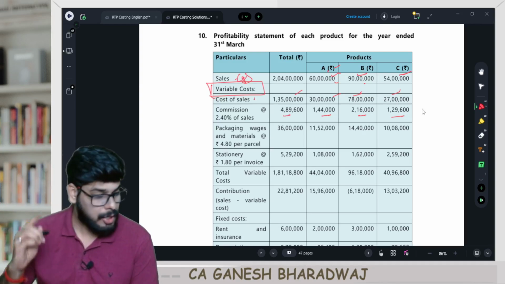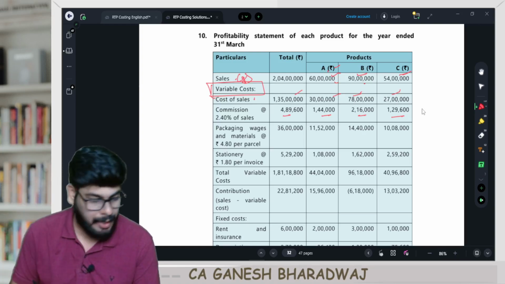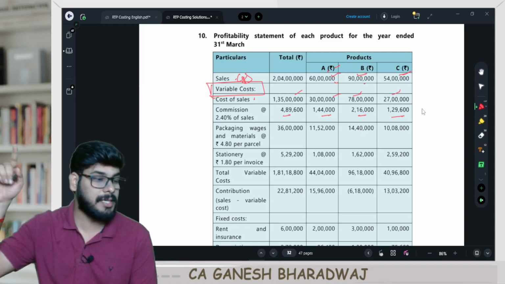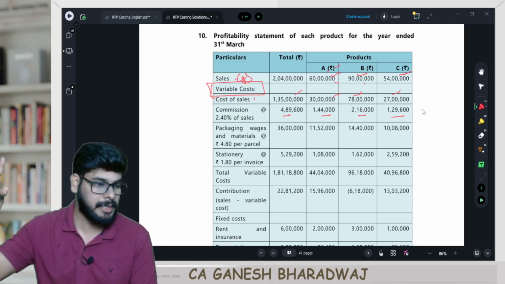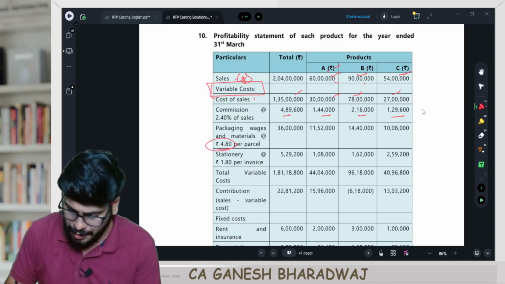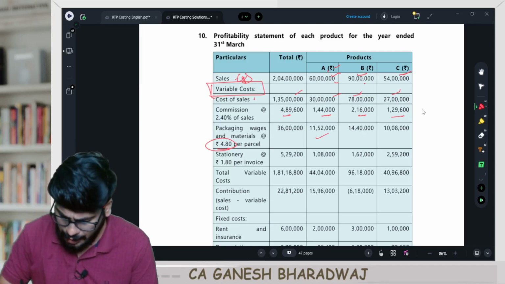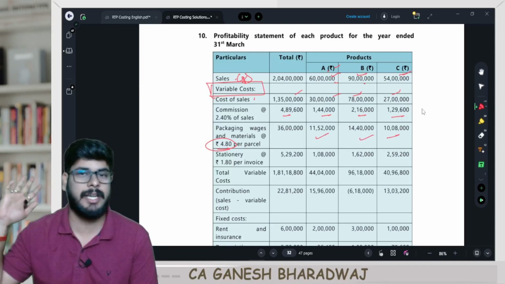Right? Next, your packing wages, they have given it as 4.8 rupees per parcel. So the parcels for each of the products A, B, C: A has a total of 2,40,000 parcels, B 3 lakh parcels, C 2,10,000 parcels. Respectively, multiply it with 4.8 rupees. It's very clerical work. Quickly you can do it. You will get these figures: 11,52,000, 14,40,000, 10,08,000.